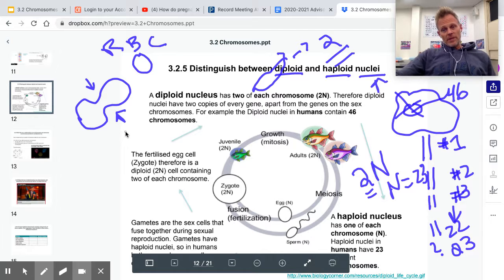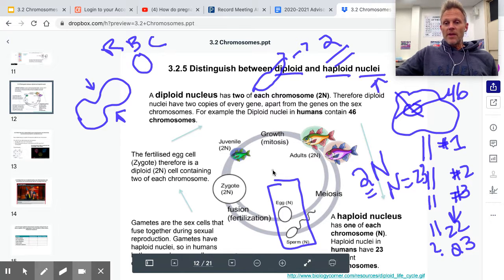The other type of cell that doesn't have a diploid number 2n, in humans 46, are gametes. So gametes is another name for sperm and egg. So gametes are your sex cells.